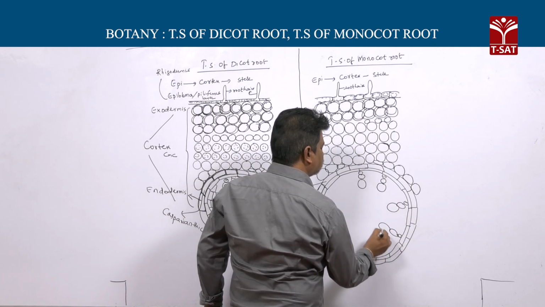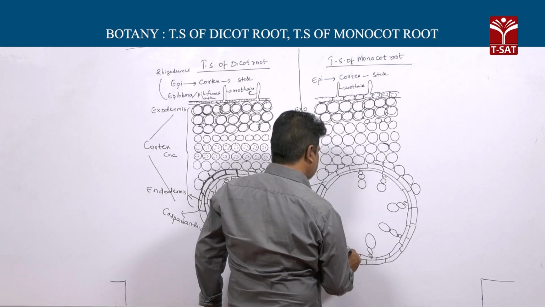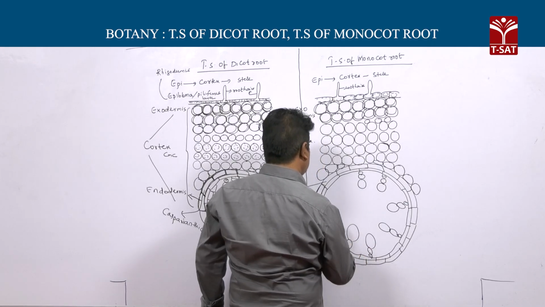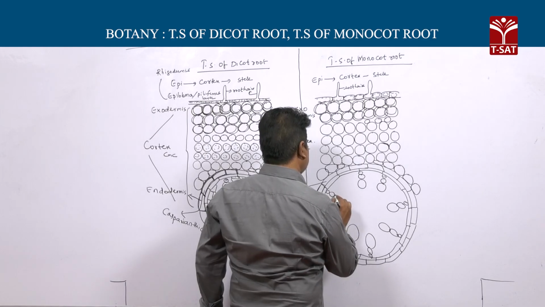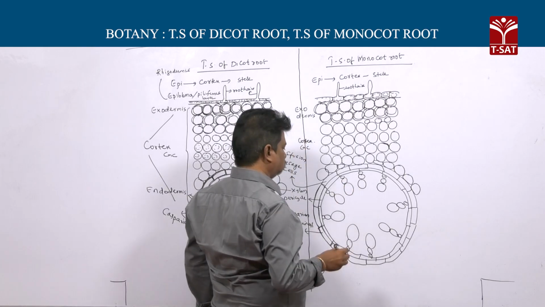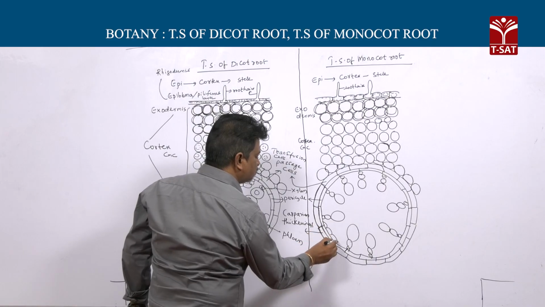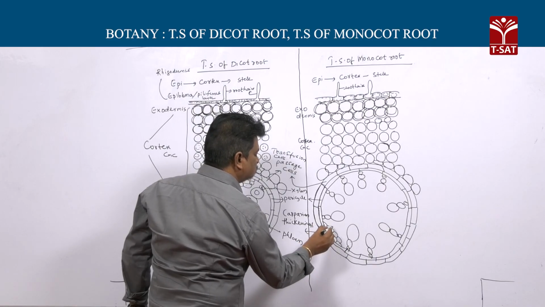Vascular bundles radial means xylem and phloem are separate, alternate, present on different radii, called radial vascular bundles.